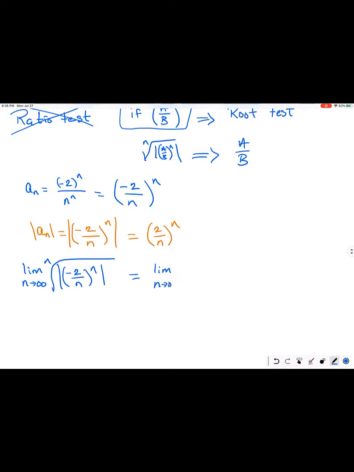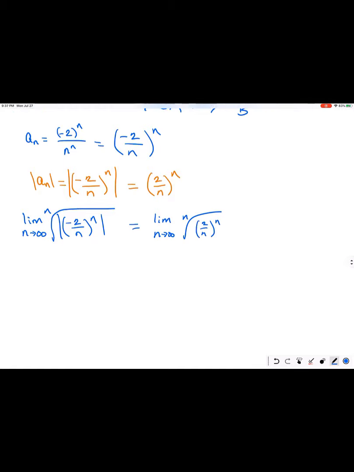And that's the same thing then as the limit as n approaches infinity of the nth root of 2 over n raised to the n. And that then is the same thing as the limit as n approaches infinity of 2 over n, which of course then is equal to 0.